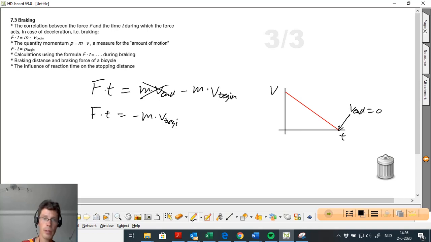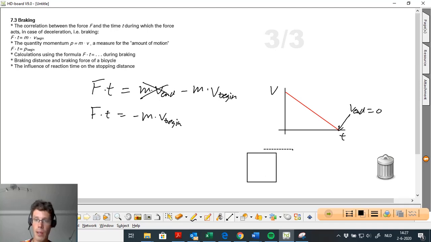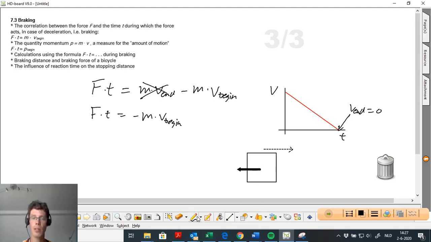Now you might wonder, what's that minus sign doing over here? Well, it was there to begin with, but if I would fill it in without thinking, I might get negative numbers. The trick here is when an object is slowing down, it is moving to the right, but there's a force working on it to the left. So this arrow indicates its speed, which is directed to the right, but the force is in that direction.